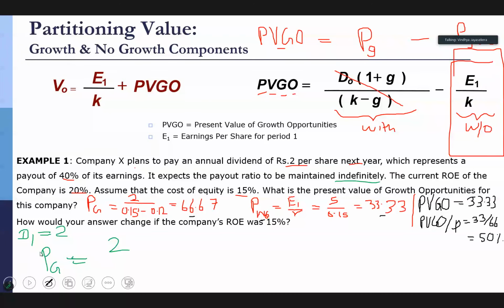Next year's dividend is 2 rupees. R is still 15%. But now G is ROE times b. ROE is 15% times retention ratio of 60%. 15% times 60% is 9%, right? So growth rate is 9%. So 2 divided by 0.06 comes to 33.33.